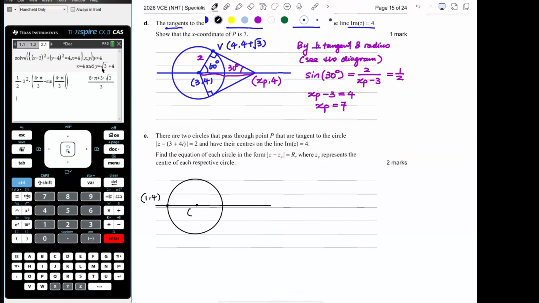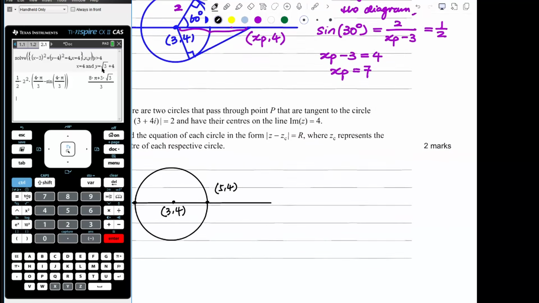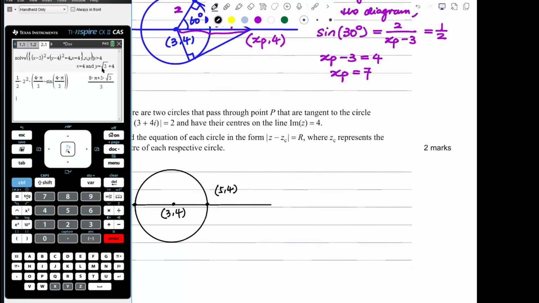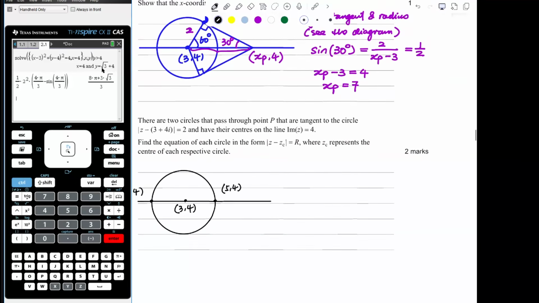This point would be 3, 4. And this point would be 5, 4, right?